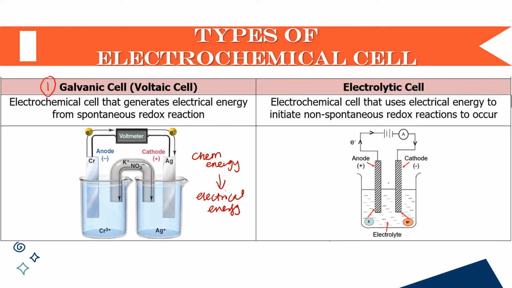The second one is the electrolytic cell. An electrolytic cell is an electrochemical cell that uses electrical energy to initiate a non-spontaneous redox reaction. In other words, the energy change is from electrical energy to chemical energy.